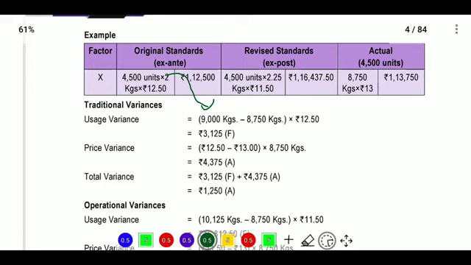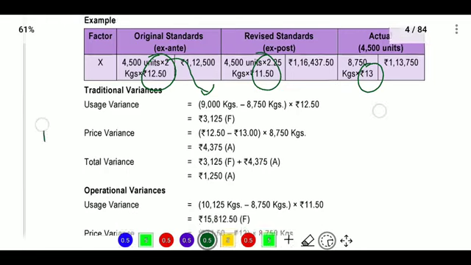Next, this is the revised standard, and they provided the actual. What actually happened is he purchased 8750 into 13 rupees. So it was 12.5, revised to 11.5, but he has purchased at 13 rupees. Next, 13 rupees is 1,13,750.